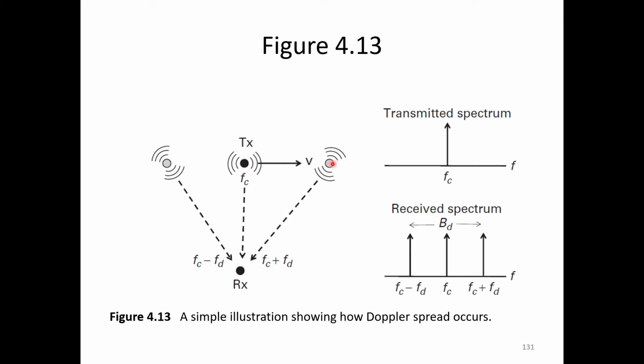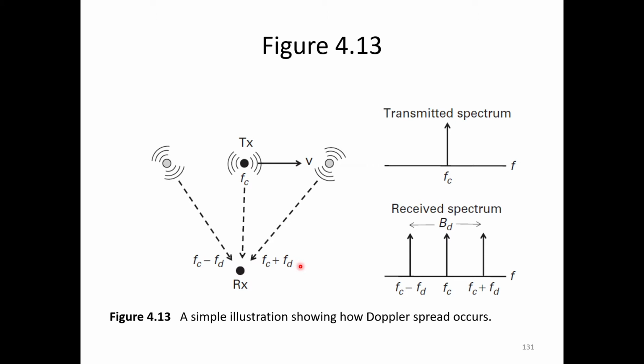And when the signal is scattered by one of these scattering objects and arrives at the receiver, the frequency becomes Fc plus Fd, where Fd is the maximum Doppler shift.